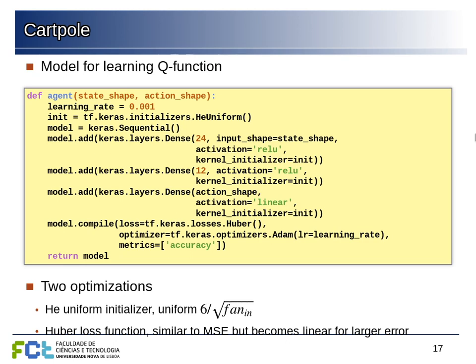Now some details here are slightly different from what we used to do. This He uniform initialization uses this function here. We saw some examples of this some lectures ago. So basically the limit is the square root of 6 divided by the number of inputs into that particular layer. And the authors of the tutorial say this works better. And then also this Huber loss.